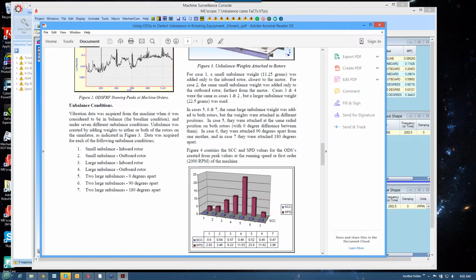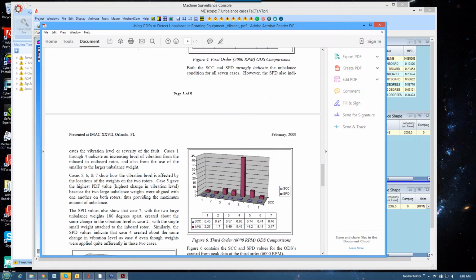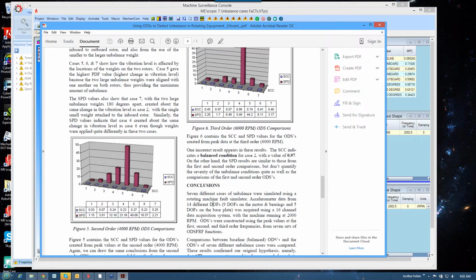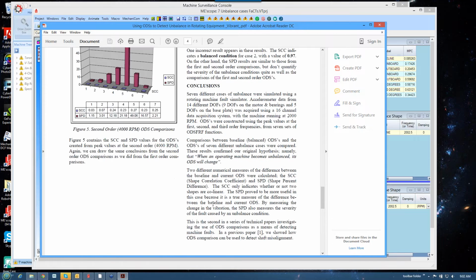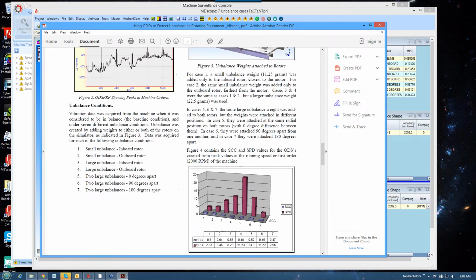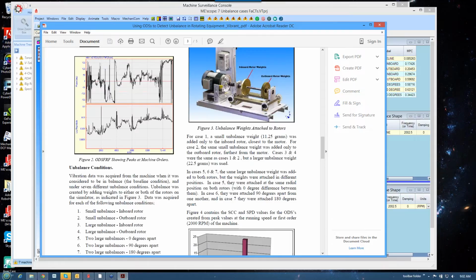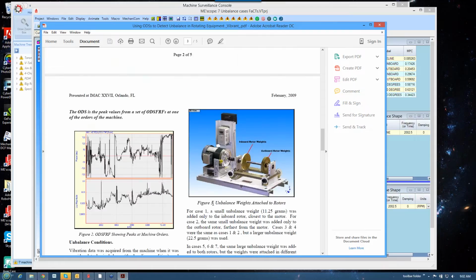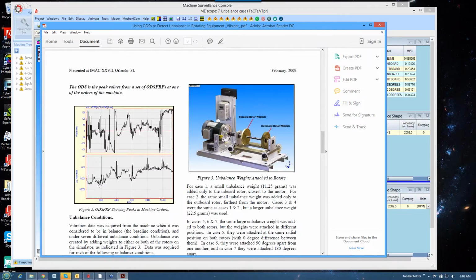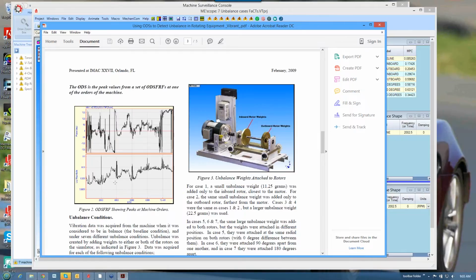You can see some data plotted here, but we're going to look at it in the project as we push hotkeys and actually look at the data in ME-Scope. This data was taken off of the running speed and the second and third order. You can see some of the peaks in here, not real clear.